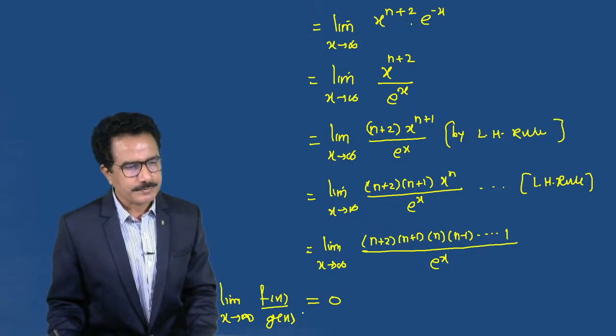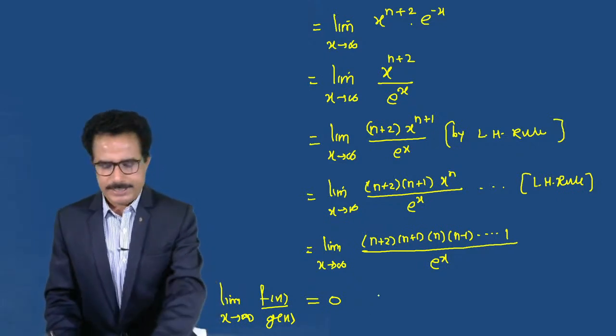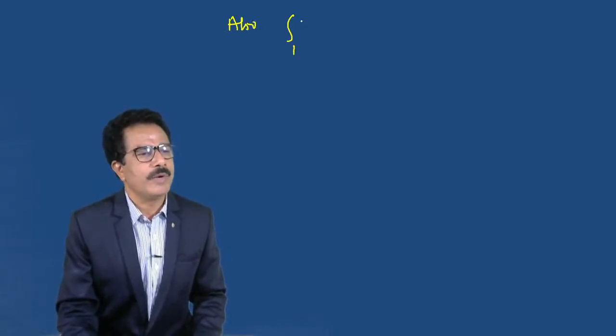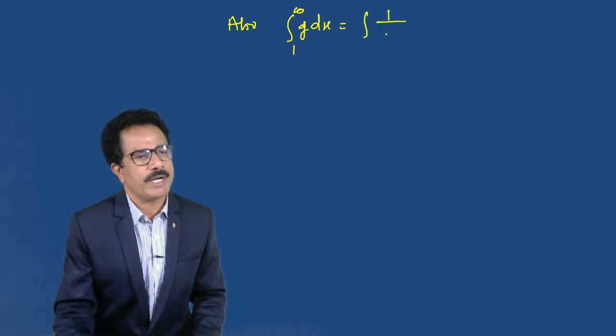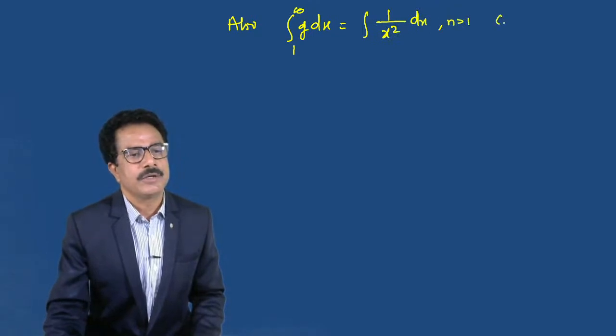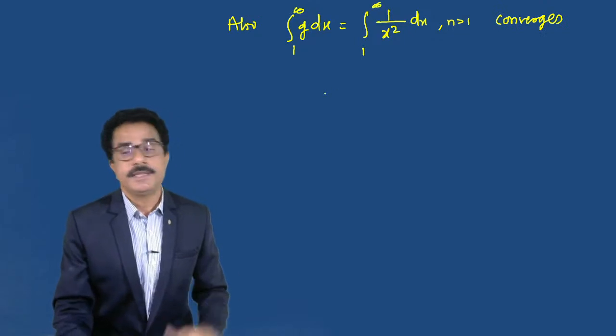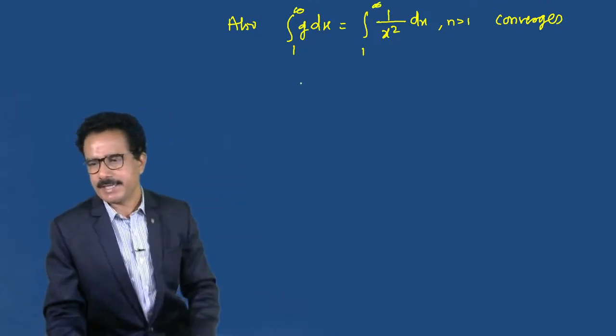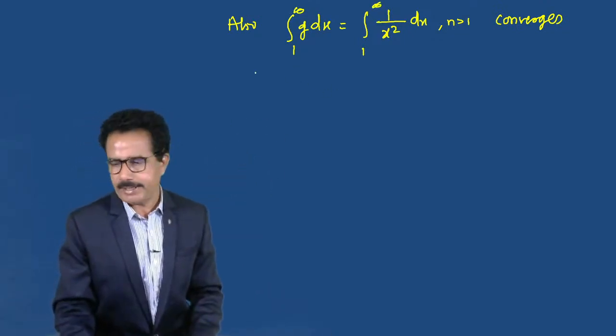So here we can write, by here also integral from 1 to infinity g dx, which is equals to 1 upon x square dx, n is greater than 1, converges. Then by the comparison test second, very good.